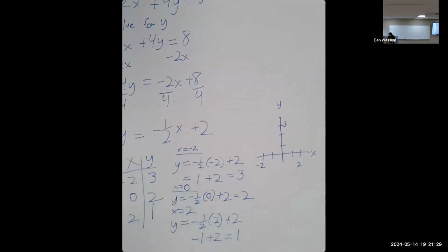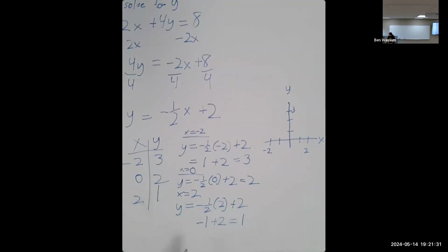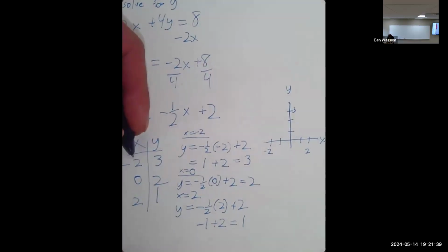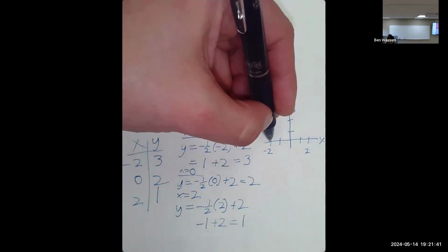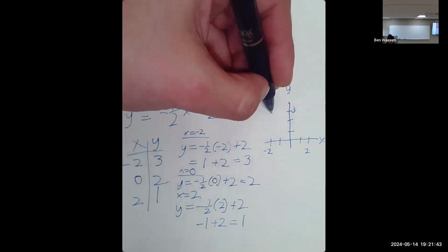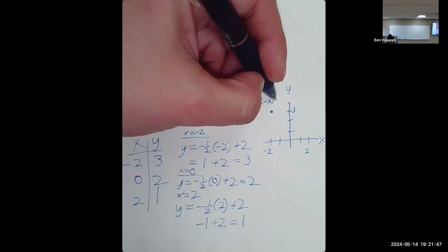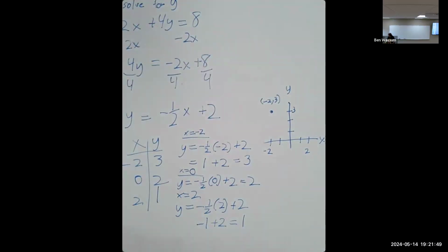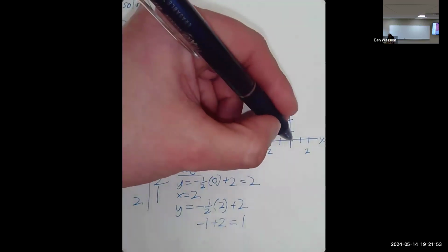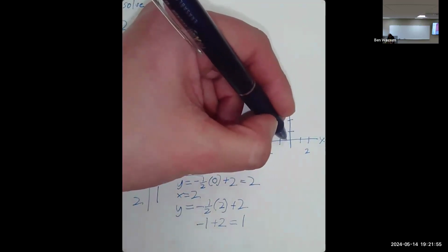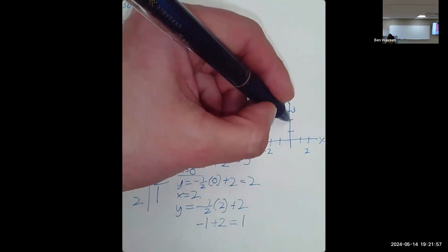Okay, so we take that. We got our points. We got -2, +3. So x is -2, -2 in the x direction, +3 in the y. Right there. Label it. Next one is 0, 2. 0 in the x, 2 in the y.